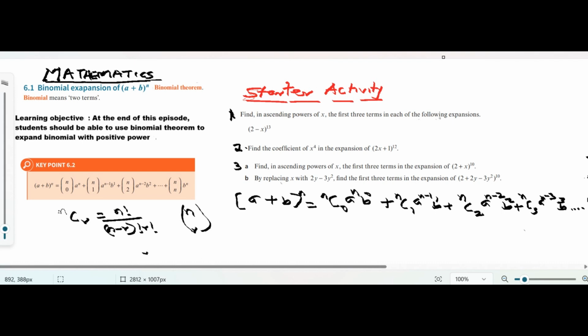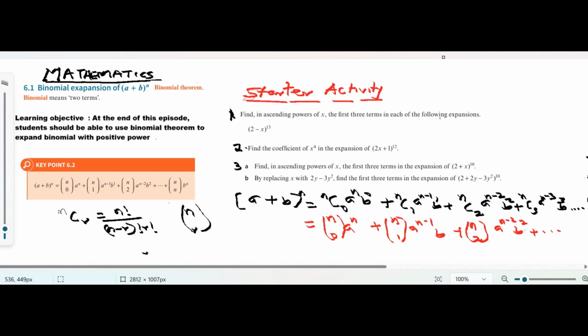Mind you, this can be written as nC0 a^n plus nC1, it means n combination 1, a^(n-1) b, plus nC2 a^(n-2) b^2, and so on like that. So wherever you see nC0, it means n combination 0.